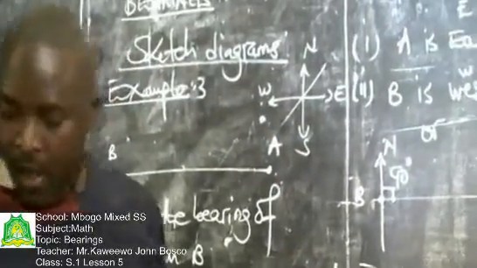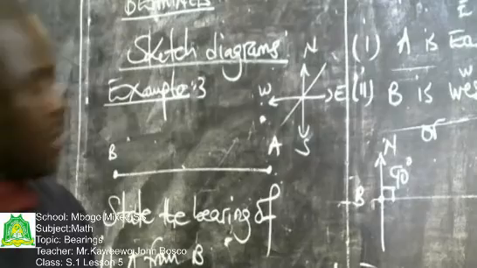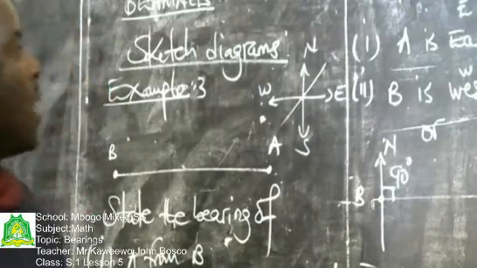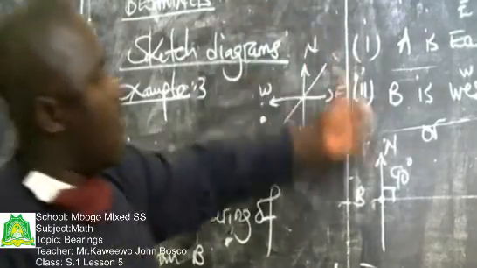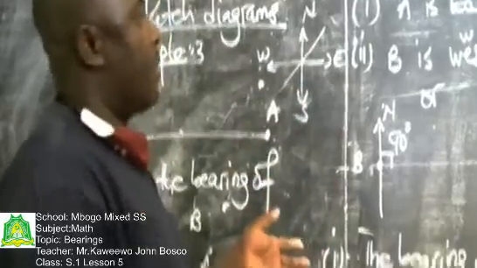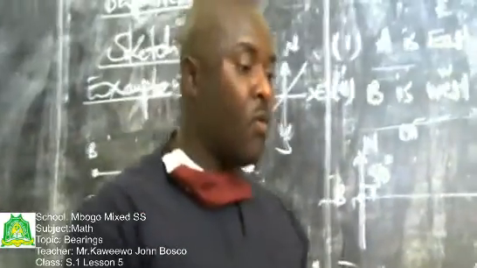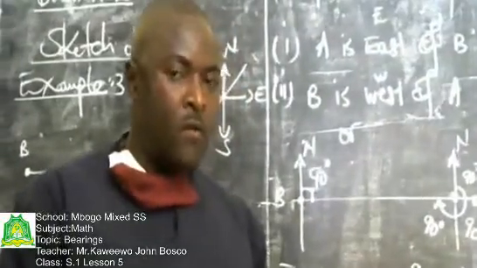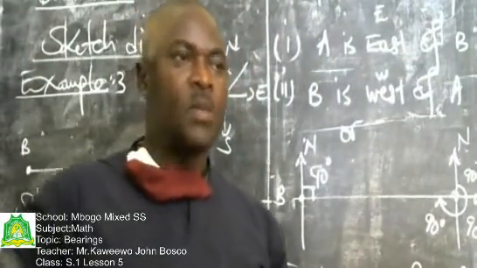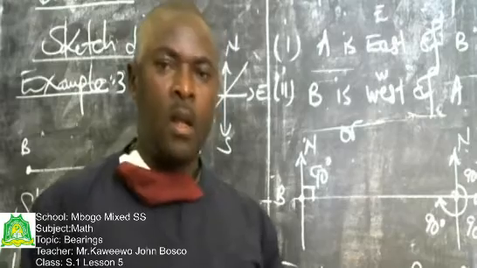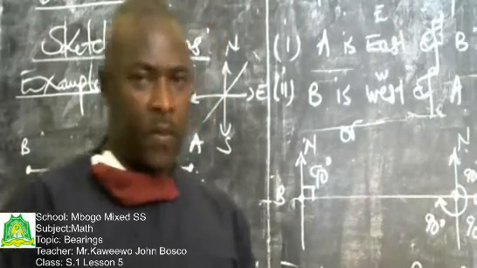use the three-figure bearings. We may have situations where one is north of the other. Like if a person is to say, what is the bearing of Uganda from South Sudan? From South Sudan coming to Uganda, you need to take direction south.